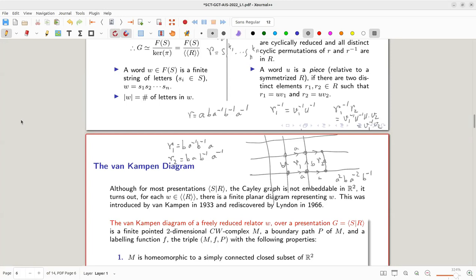So we form a product which is again another loop in this complex, but we obtained it via this cancellation. We had only one relator here, but we wrote it in two distinct ways so that we can form the product like this.